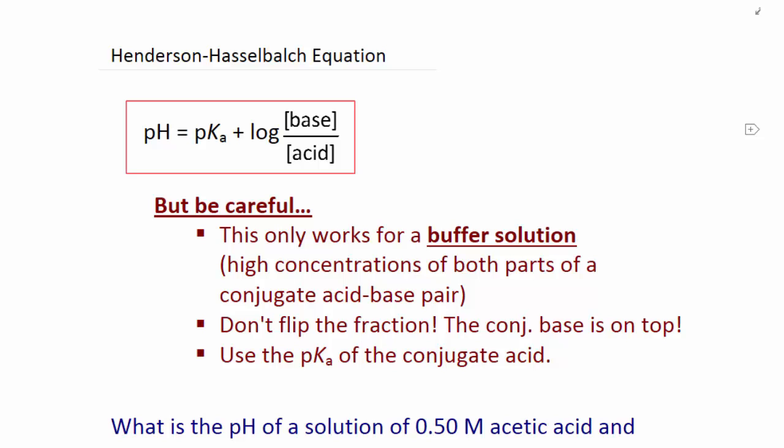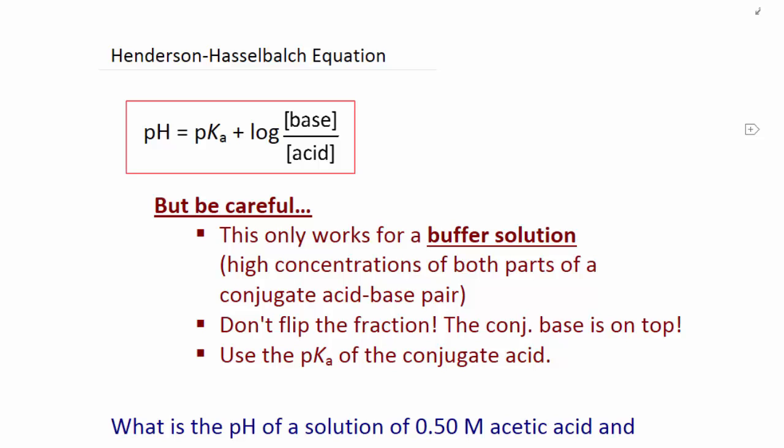So, this only works for a buffer solution. We're going to define a buffer solution as a solution that has high concentrations of both parts of a conjugate acid-base pair. Just what we were describing before. If we start with a weak acid and then add its conjugate base to it, there's no neutralization or anything that happens. They both end up just sitting there.